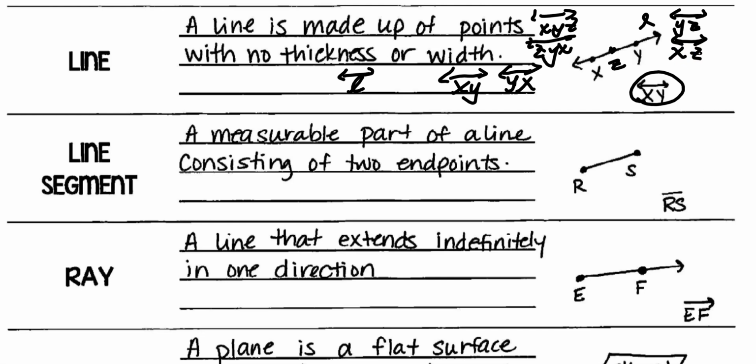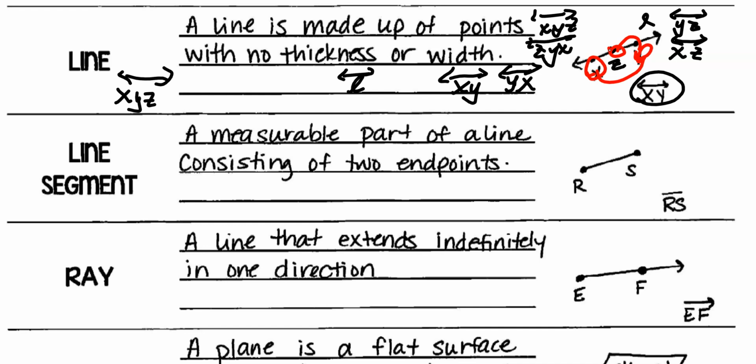The only thing it cannot be is line XYZ in the order X, Y, Z. And the reason is, notice that when I've been using all of these, it goes in order, X, Z, Y, or it could be Y, Z, X. If I were to go X, Y, Z, what's going to happen is I'm going to go X to Y and then back to Z, which is out of order. So it can't happen that way. It has to be named in order.